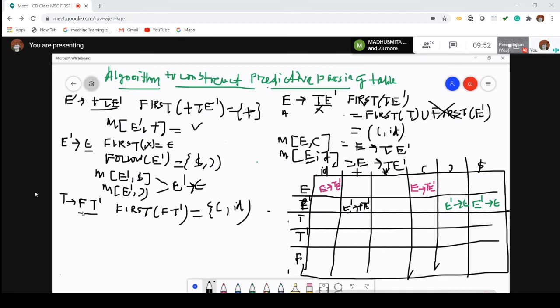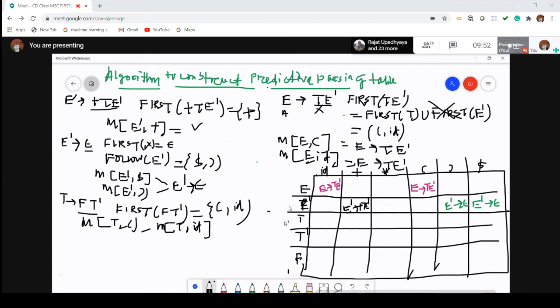So in place of T, that is this position, M of T comma left parenthesis and M of T and ID, I have to put this production. What is the name of this production? The production is T to F T dash, position equal to left parenthesis and ID.